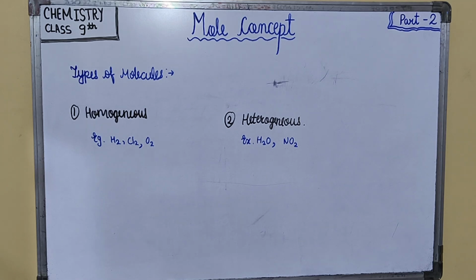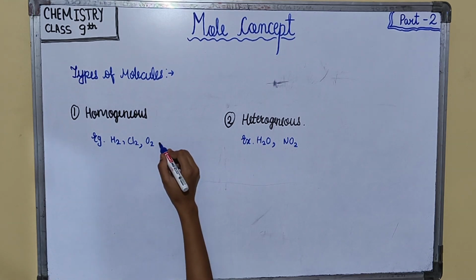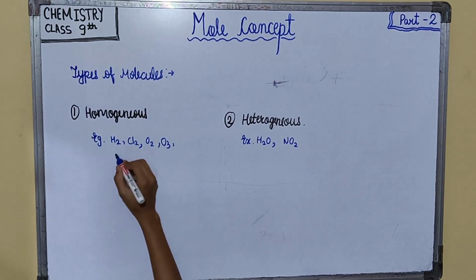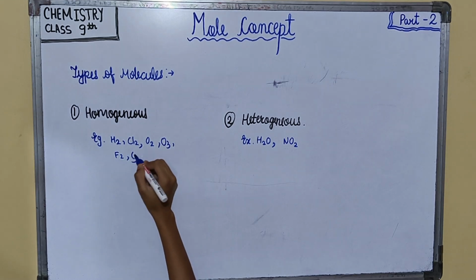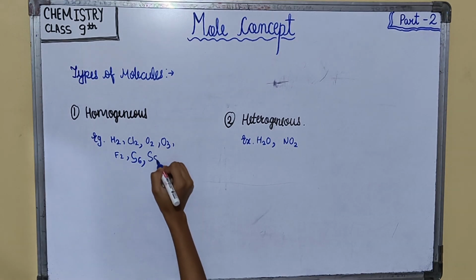Now, if you observe these examples of homogeneous molecules, it is clear that they differ in the number of atoms. Likewise, O3 was also there, F2, S6, S8.